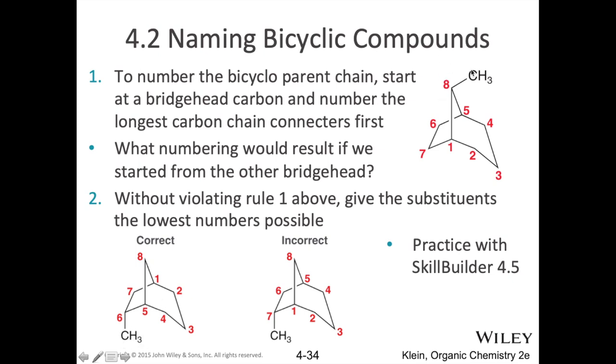For this one, where that methyl group is on this number 8 carbon, it doesn't matter which way we number it, it's still going to be on that number 8 carbon, so it's kind of a moot point. But here, which side we start from makes a difference, and that's why we want to go with the 6-methylbicyclo[3.2.1]octane. Cyclooctane, I should say.